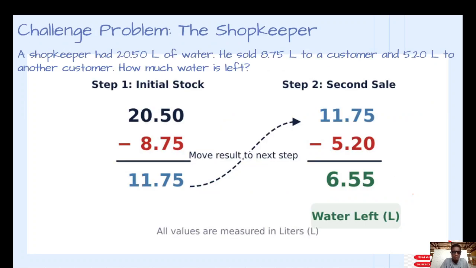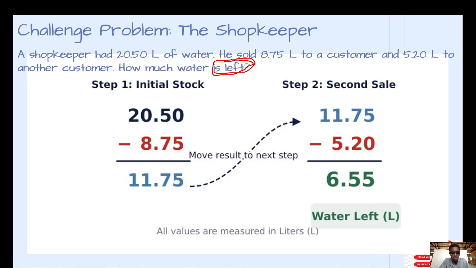Our final problem or challenge is a shopkeeper had 20.50 liters of water. He sold 8.75 liters to a customer and 5.20 liters to another customer. How much water is left? So as far as you see the word left, it tells you that you are going to subtract all that is sold from the total amount of liters of water that he has.